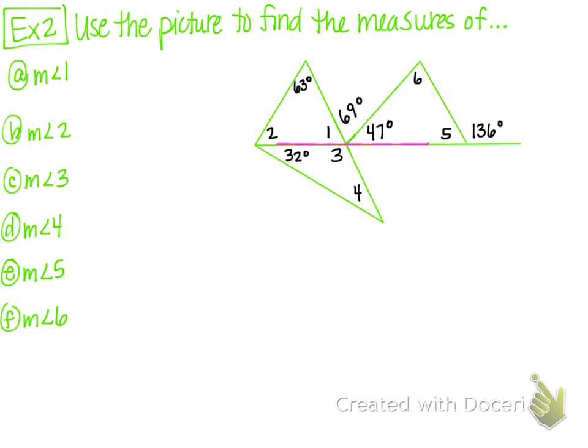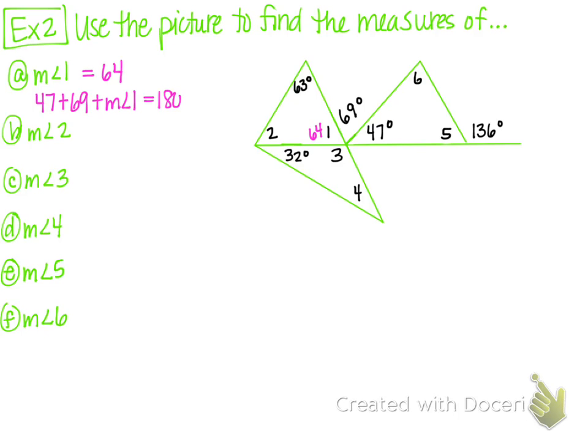So let's write that. So we're going to have 47 plus 69 plus the measure of angle 1 is equal to 180 degrees. So all we have to do is add 47 and 69 and subtract it from 180. And you get 64 degrees.